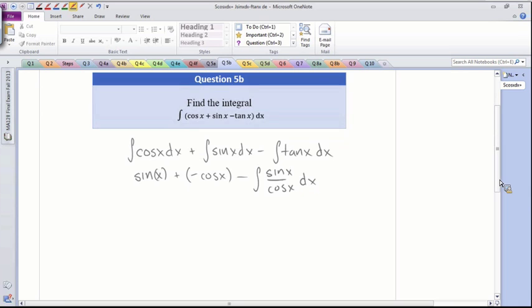So how would we integrate this? I noticed that the derivative of one of the terms inside our integral is also inside the integral. I know that the derivative of cosine x is negative sine x. If that's the case, I can use u substitution.